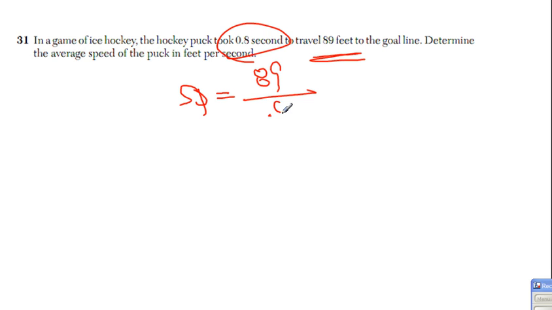All right. It took this many seconds to travel this distance. Then average speed is the distance divided by the time, 0.8.